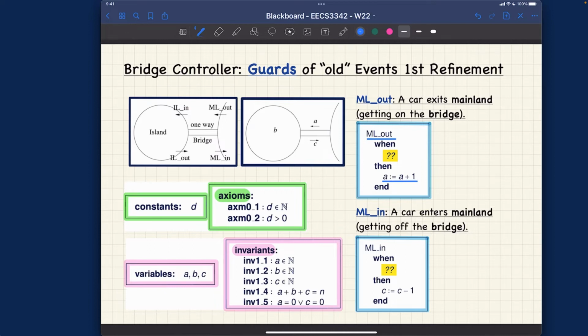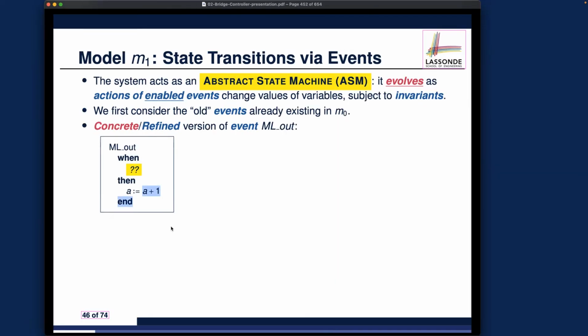If you think about the traffic flow, when I say ML out, I'm really talking about the cars leaving the island, so that's really this particular traffic here. That means I'm having more cars going in this particular direction. So that's why A will become A plus 1. If you look at the diagram, you will see why. Okay, and let's now go back to this particular event here. So that's the redefined or the refined version.